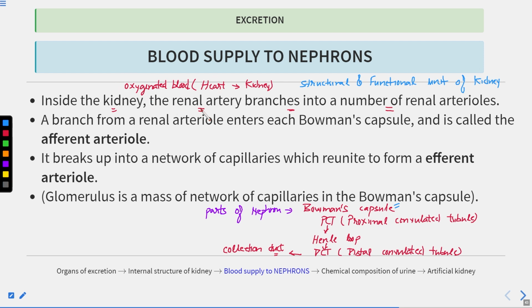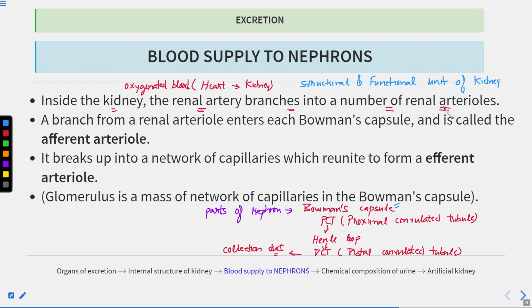It carries the deoxygenated blood, leaves the kidney and goes towards the heart. The renal artery, which enters through the hilum, branches into a number of renal arterioles. The renal artery carries the oxygenated blood coming from the heart and enters the kidney through the notch known as the hilum.